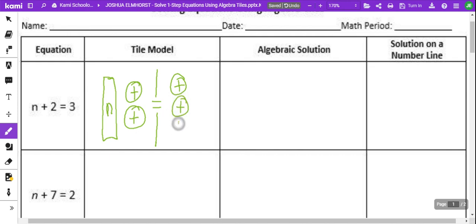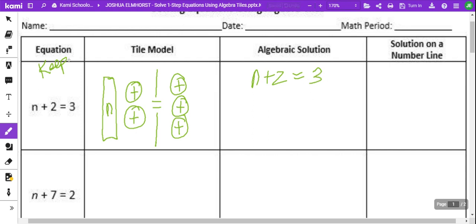So with the equations, it's important to remember that with the equal sign, the left side is balanced and equal to the right side. Okay, so we're going to use the strategy, keep the variable. So n plus 2 equals 3.